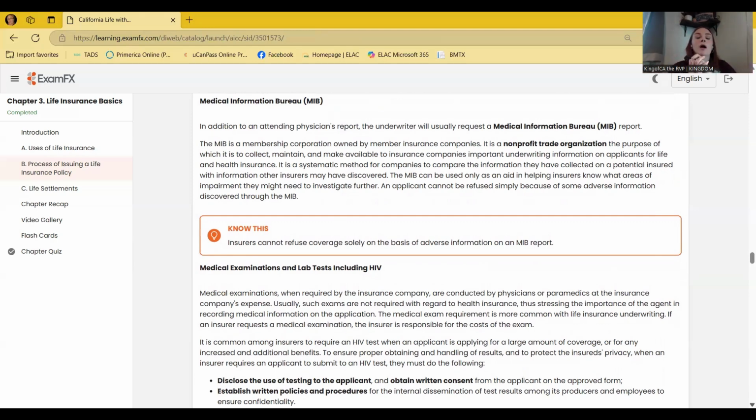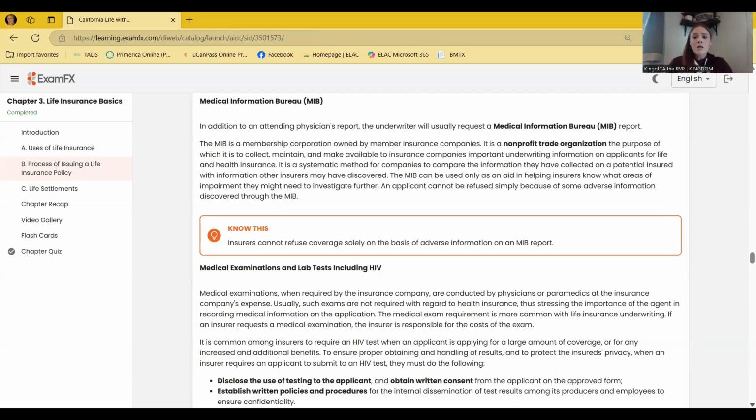In addition to an attending physician's report, the underwriter will usually request an MIB report. It's basically a quick scan on all of our medical history and any applications that we may be putting out to other companies. If they happen to see that we've been declined or denied by a lot of different companies, that's going to raise some eyebrows for them and they're going to do more digging.